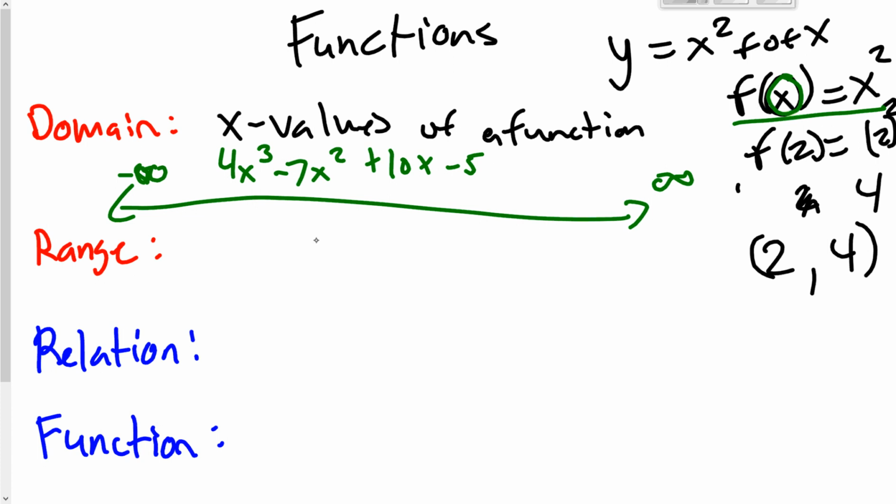And sometimes I have a limited choice for x's. So here's a polynomial with a degree of 3, right, an x cubed in it. Every polynomial, any polynomial, your choices for x's or your domain will be from negative infinity to infinity, right? And again, we want to write these in interval notation.